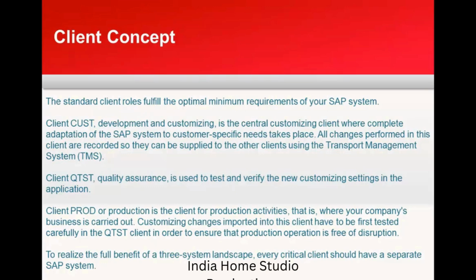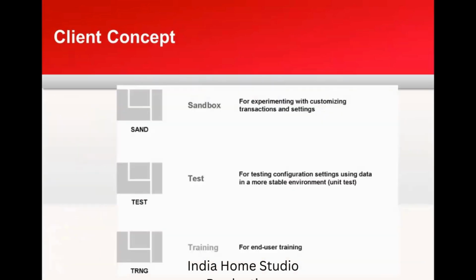Customizing changes imported into this client have to be tested carefully first in order to ensure that production operation is free of disruption. To realize the full benefit of a three-system landscape, every critical client should have a separate SAP system. So these are the other clients, like sandbox, test and training.